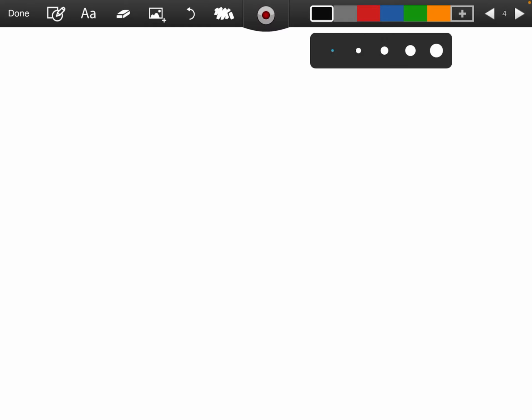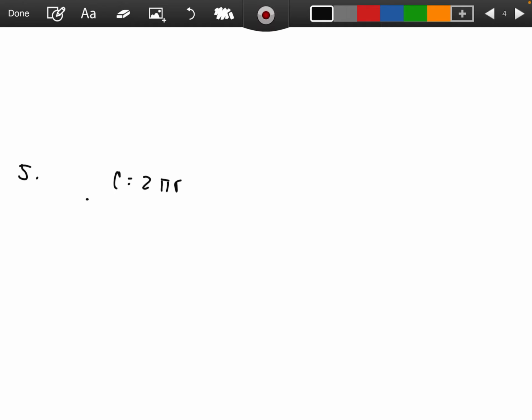Number 5, slingshot, about how many revolutions per second are required for the projectile to be fired at 70 miles per hour? So let's see, circumference is 2 pi r, and then times revolutions over time. That's going to be some form of distance over time. We want 70 miles per hour.